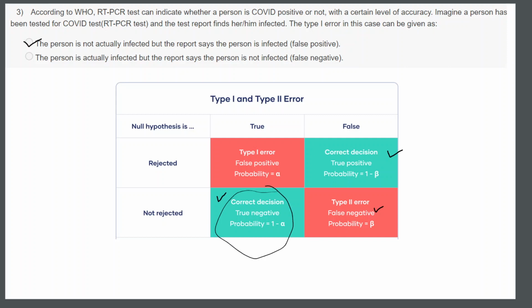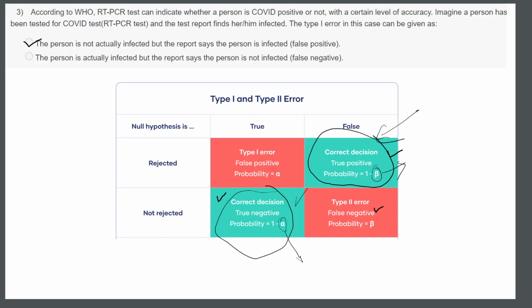Another is that the person is not infected and the null hypothesis is rejected, which is again a correct decision. This is called the power of the test, which is 1 minus beta. The correct decision is 1 minus alpha. Alpha is the significance level and beta is the probability of type 2 error. We'll discuss these later; these two are the correct decisions, so don't worry about them for now.